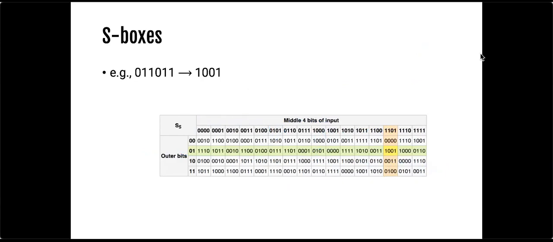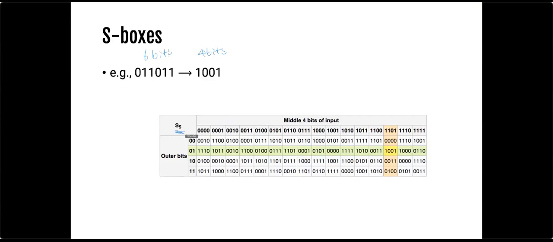So S-box is about, as I said, substituting some of the bits so that you can get other bits. So S-box takes a 6-bit value as an input, and outputs a 4-bit value, right? So in this case, this is an example of an S-box, and this is S5.